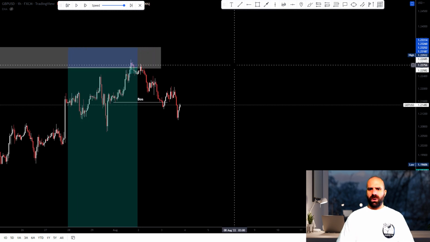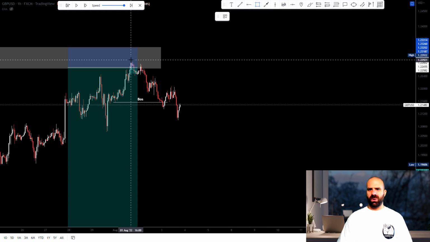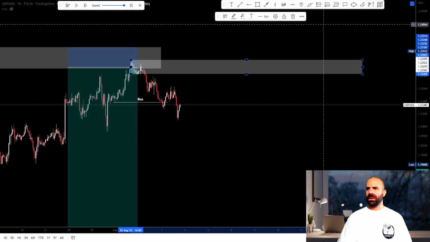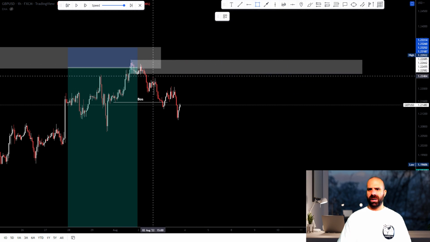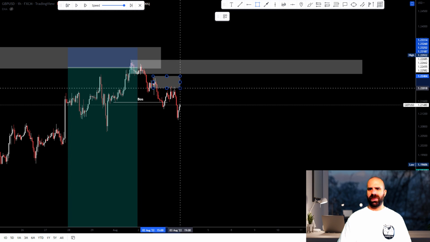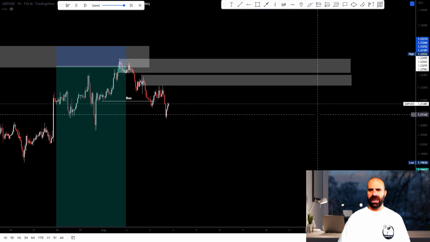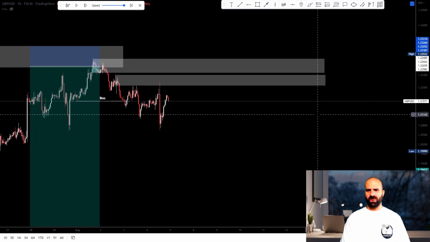Okay, now that we broke all of these areas, we have identified some order blocks right here. This would be one, this would be another one right here, which was tested partially probably right here, but it's still valid for trades. Let's move forward.